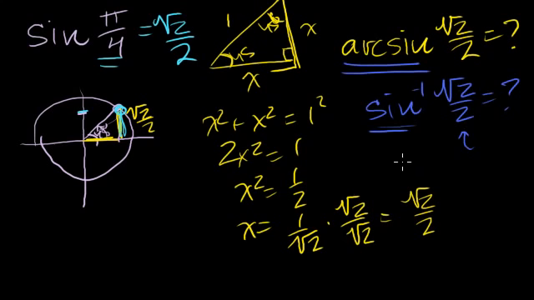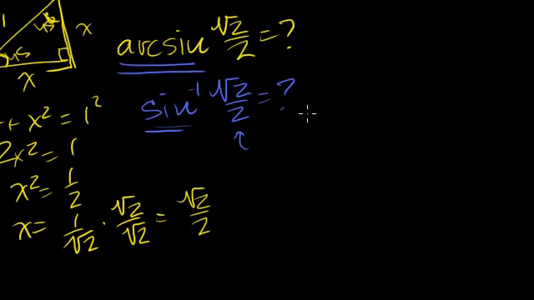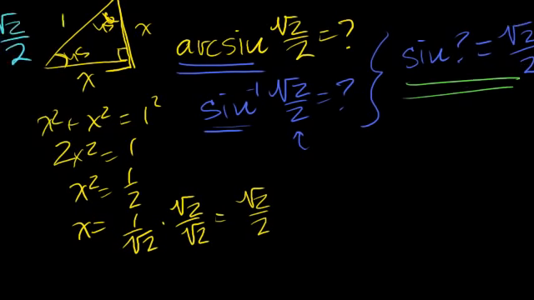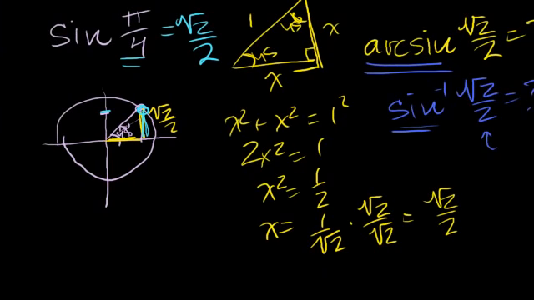I could rewrite either of these statements as saying sine of what is equal to the square root of 2 over 2. And this, I think, is a much easier question for you to answer. Sine of what is square root of 2 over 2? Well, I just figured out that the sine of pi over 4 is square root of 2 over 2.